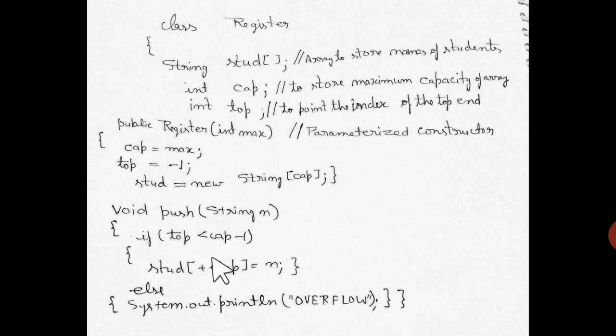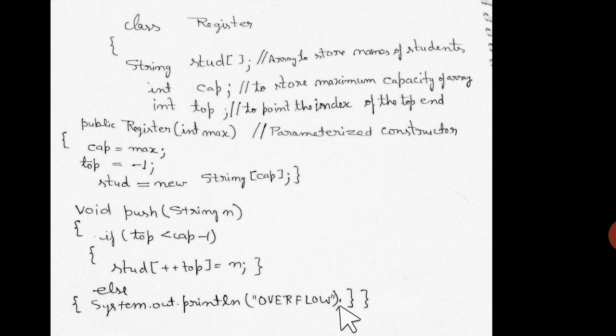So in that case, stud plus top means top will be increased by 1, it will become 0. Assignment operator n is coming from here, that is the argument. So that is the name actually which is to be assigned to this location. So that way we'll keep updating or increasing the value of top by 1. So that's why plus top, and it is pre-increment it is written. So it's just like that. Otherwise, if this condition is false, then the control comes here and it will give overflow. I hope everybody has understood the push operation well.